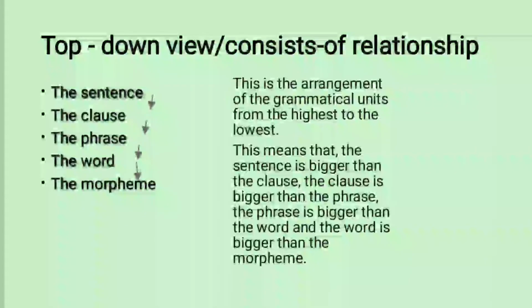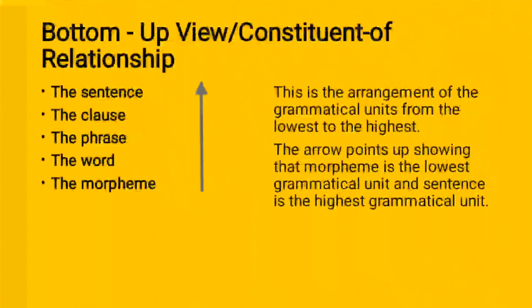Top-down view, or the consists-of relationship. This is the arrangement of the grammatical units from the highest to the lowest. This means that the sentence is bigger than the clause, which is bigger than the phrase, which is bigger than the word, and the word is bigger than the morpheme, as illustrated below in the diagram.